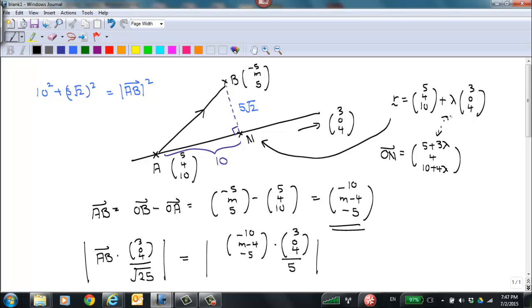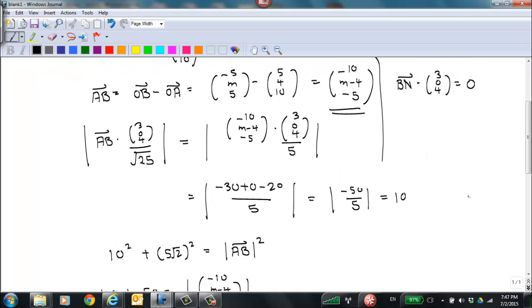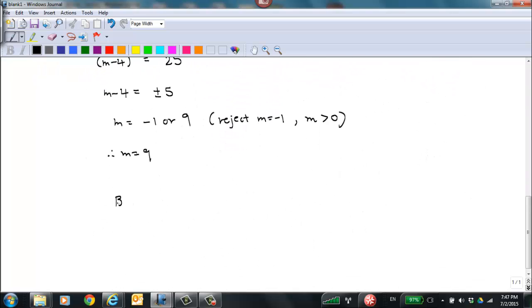Then I'm going to make use of the fact that this is a right angle. It means that BN dot with (3, 0, 4) must be equal to 0. So from here we can start: BN dot (3, 0, 4) equals 0. Let's see.